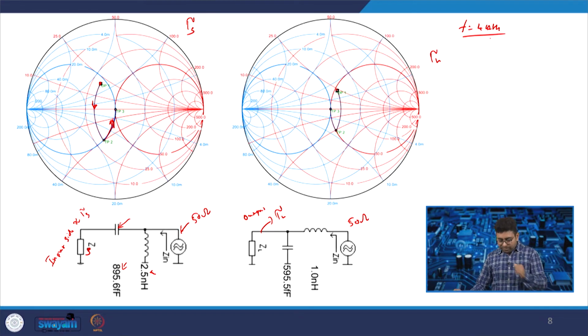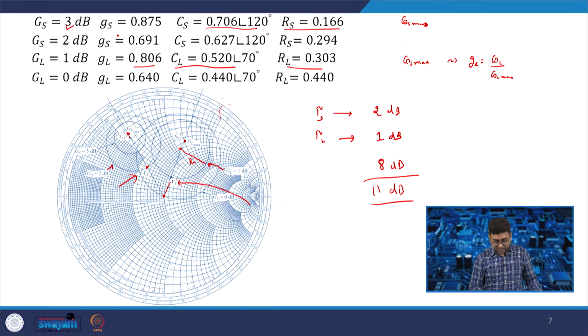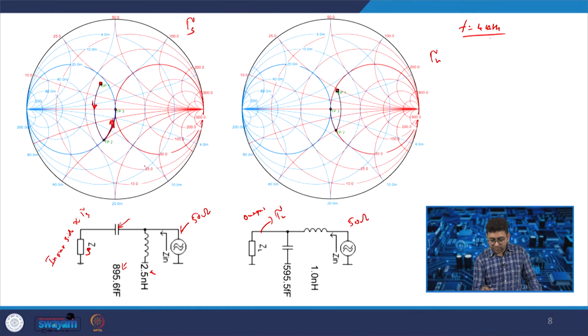Similarly, at the output side, this is the point gamma L that we have already seen from the previous Smith chart. This is gamma L and gamma S. So, if you want to find out the impedance matching, you go on the Smith chart, and when you are going down on the Smith chart and you are using an admittance Smith chart, you need to add a capacitor in parallel, that will be around 595 femtofarad.